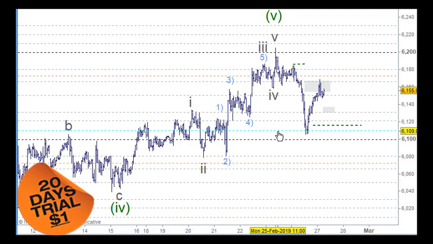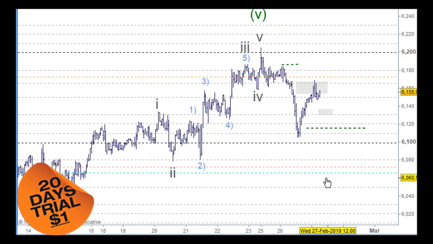But technically it's correct. The other point is that the move down here is an A, a B and a C wave. It appears that it's in 3 waves, not 5 waves. The move up here has moved up to the 61.8%. So in a nutshell, we just have to have a bit of strategy here.